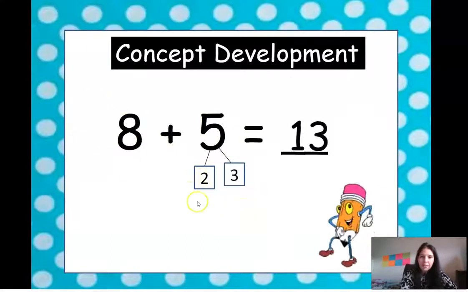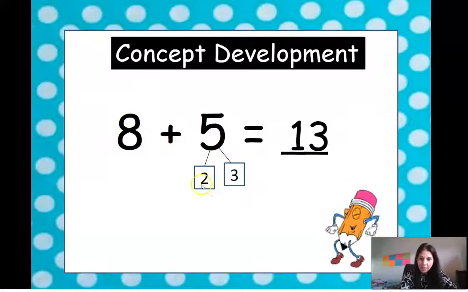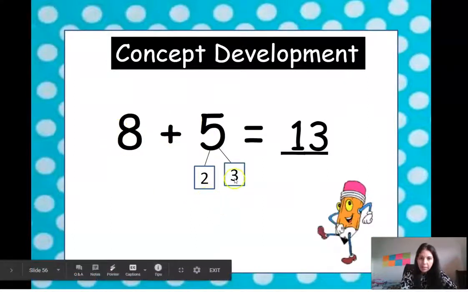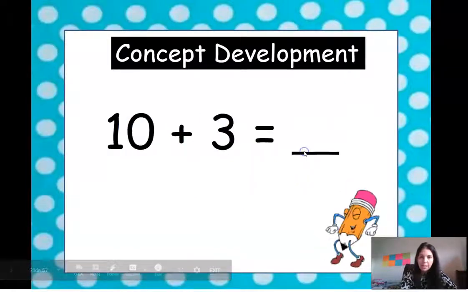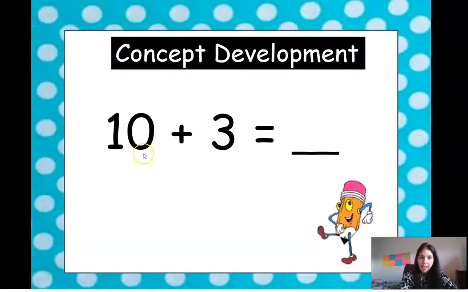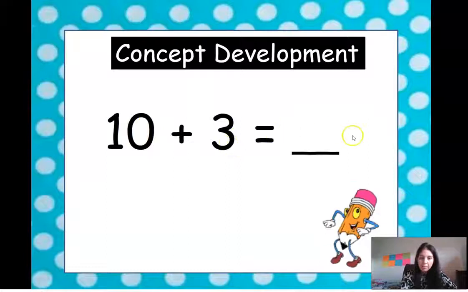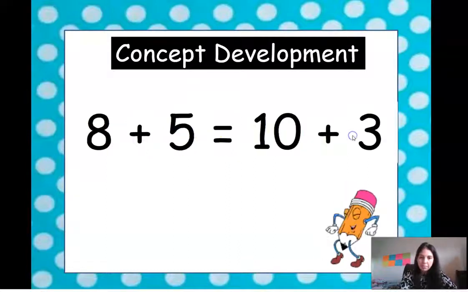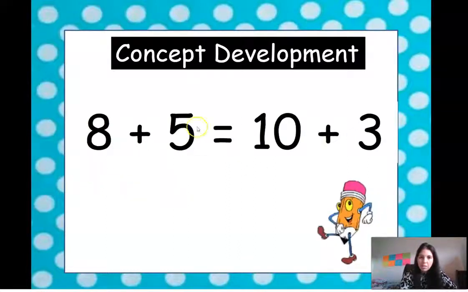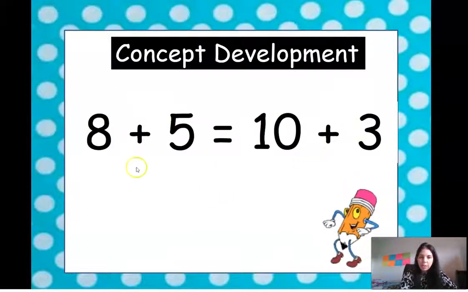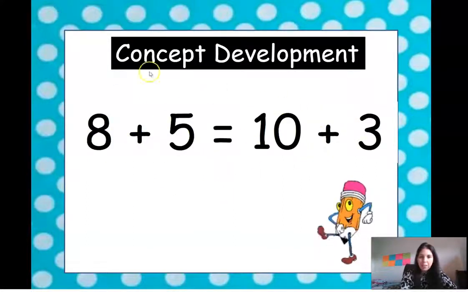So now that we have this 8 plus 2, that gives us 10. Then 10 plus 3 more equals 13. So these two equations equal the same. They both equal 13.